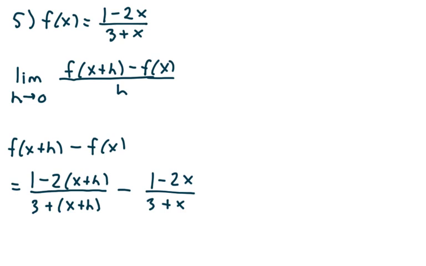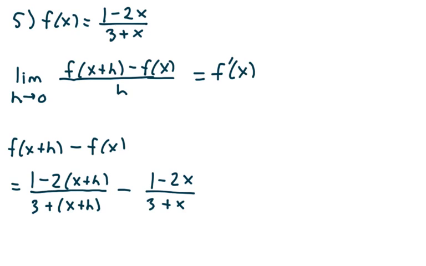Suppose I'm given f of x is equal to 1 minus 2x divided by 3 plus x. So this is a rational function, and with a difficult problem like that, what we want to do is get a handle on f of x plus h minus f of x first. So f prime of x right here is the limit as h goes to 0 of f of x plus h minus f of x all divided by h.